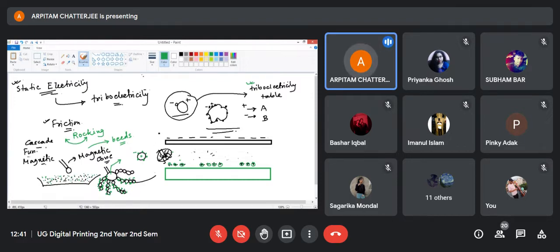Once this chain-like formation is done, the next process is the same as fur brush development: you paint this plate with this brush. Wherever we have positive charges, they will attach the toners; the rest will not, the toners won't get deposited over there.